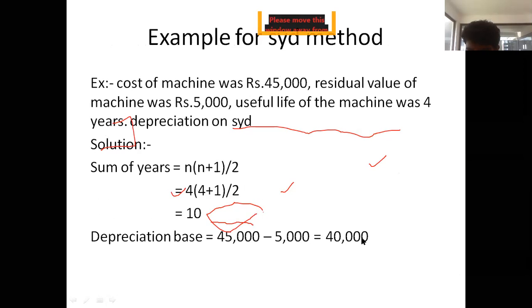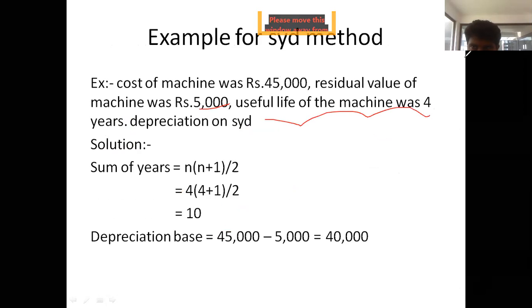So here, the cost of the machine was 45,000 and the residual value of the machine is 5,000. The useful life of the machine was 4 years. Find the depreciation by the SYD method, the sum of years digits method. Here n is 4, n plus 1 becomes 5, and divided by 2.